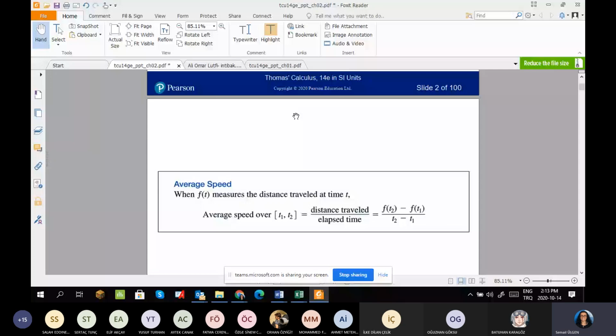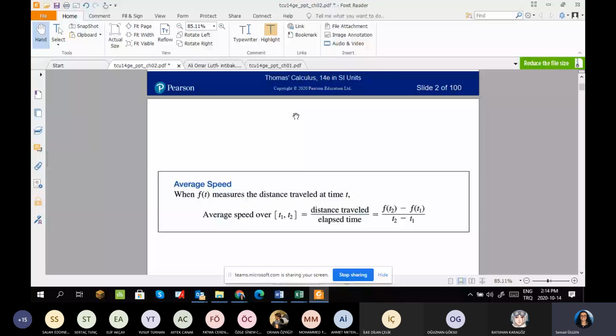And we want to calculate the average speed. So how would you do that? It is simple. You're gonna compute the distance traveled, and you're gonna divide this by how many minutes you traveled, and you get the average speed, right? Average speed of the car, of the object that's traveling, that's moving.